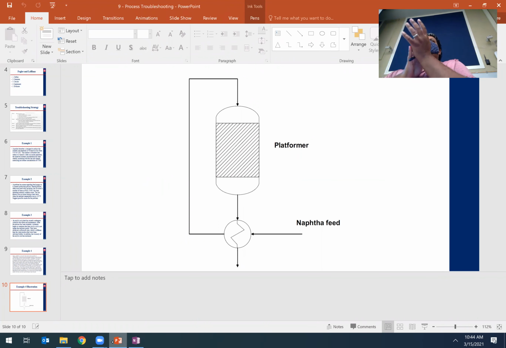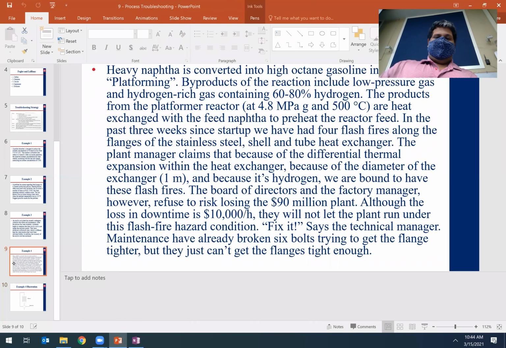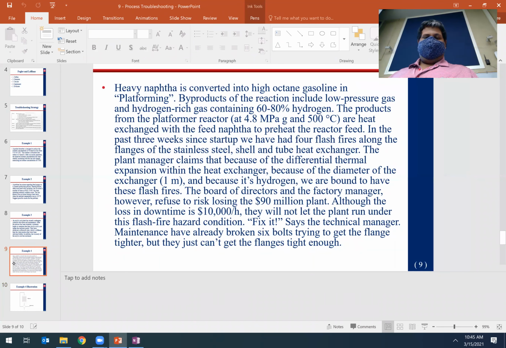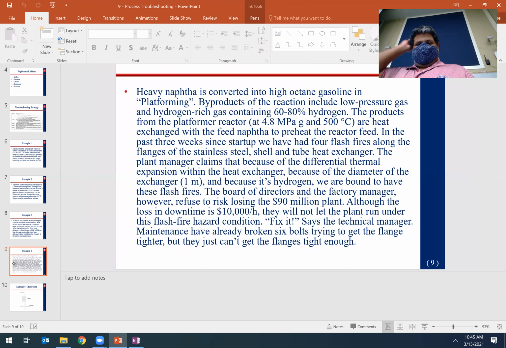Well, seems to be centered around the heat exchanger and a seal on that. So we're using the products from the platformer to preheat the feed of the platformer. And the temperatures involved are 500 degrees Celsius and 4.8 megapascals.